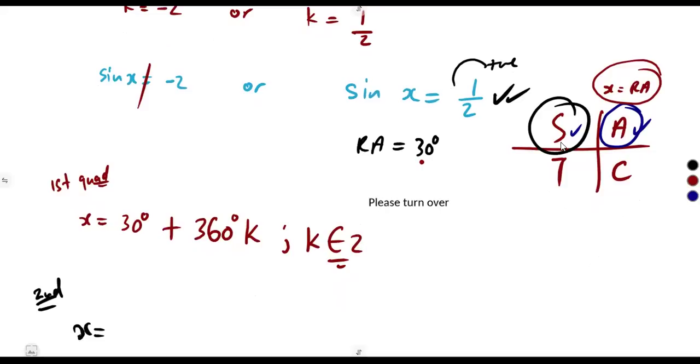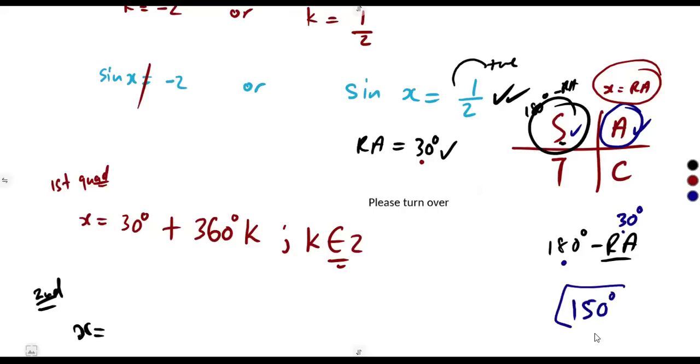How do you find the angle in the second quadrant, given a reference angle? It is 180 degrees minus the reference angle. So we must subtract the reference angle, which is 30 degrees, from 180. 180 minus 30 is going to give us 150 degrees. So x is equal to 150 degrees plus 360 degrees times k.